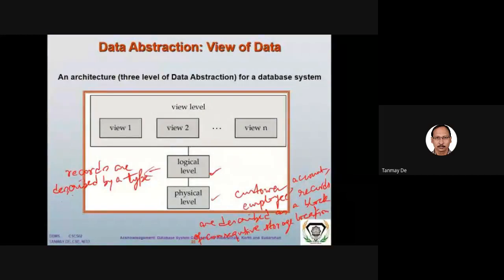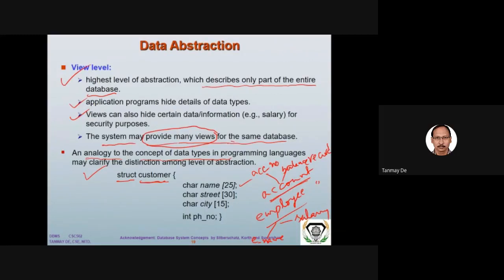By a type definition. What is the type definition? Whatever I told, these are the type definitions. Is it not?